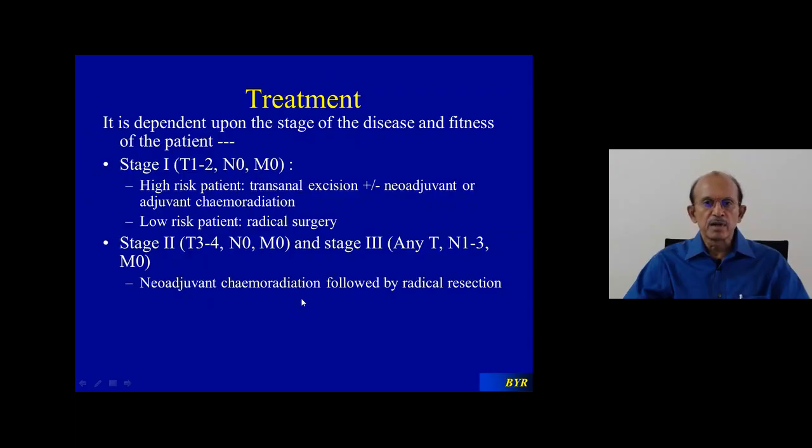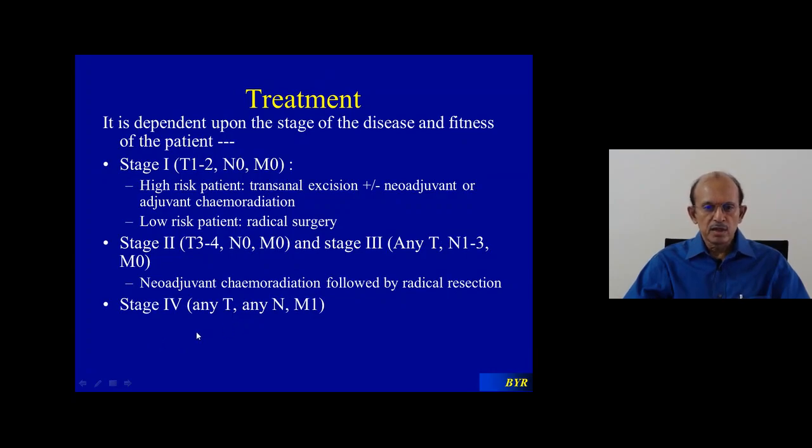That means preoperative, that means for about 3 to 4 weeks before surgery, you give chemotherapy as well as radiation to downstage and downgrade the tumor. Then you go for radical resection.